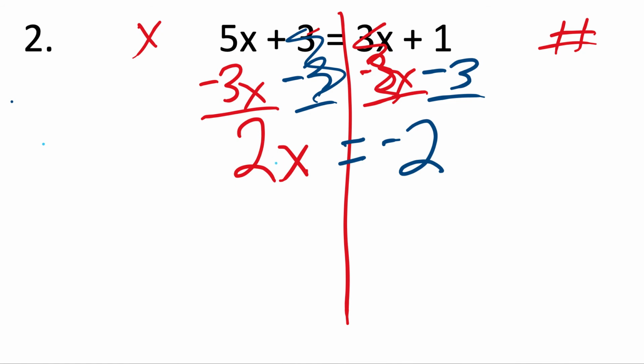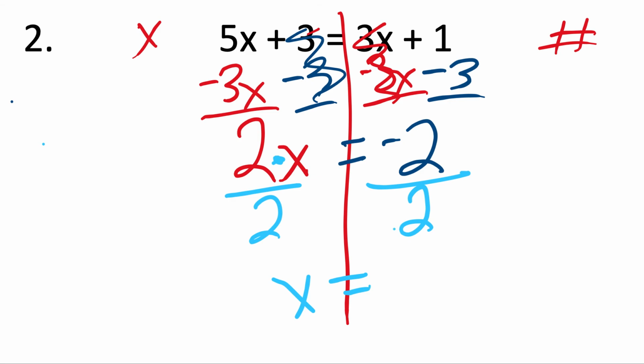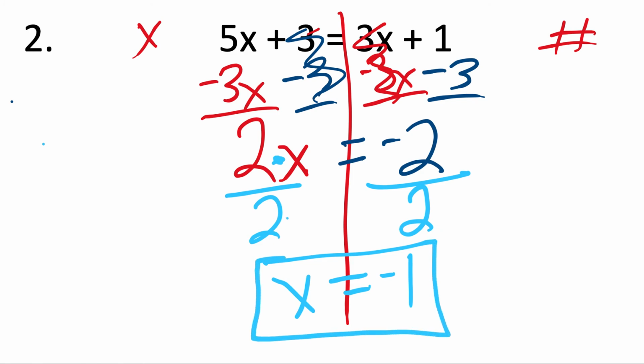So 2 times x, the opposite of times is divide. If I divide by 2 here, I need to divide by 2 there. So x is going to equal negative 2 divided by 2, negative 1.